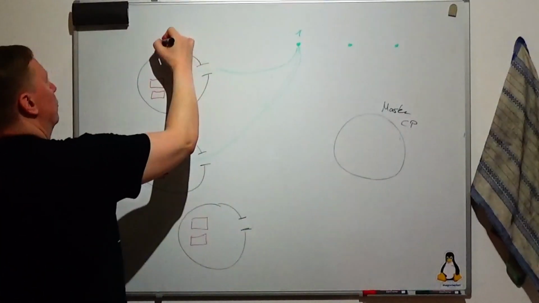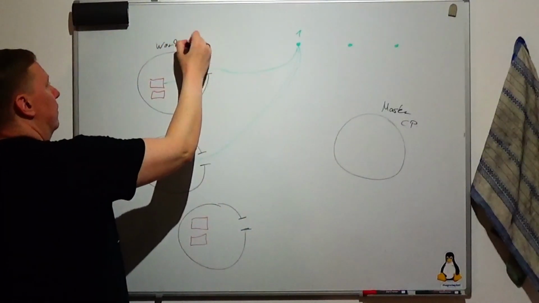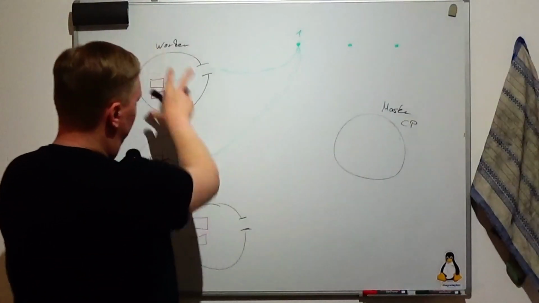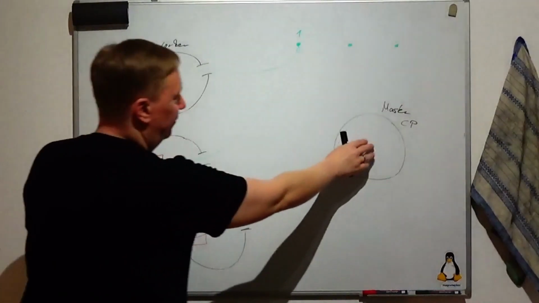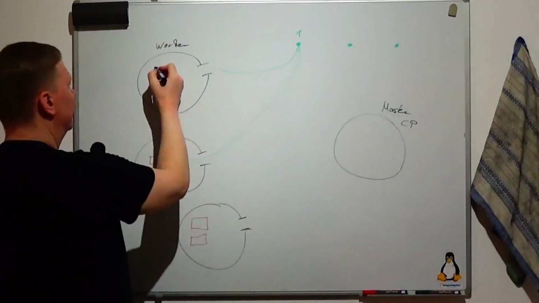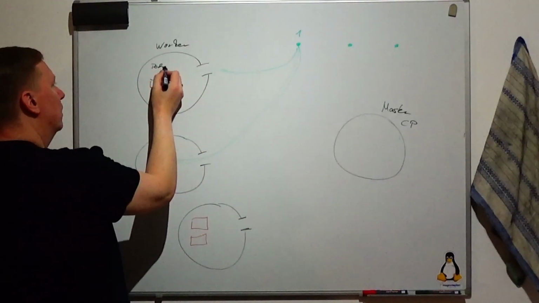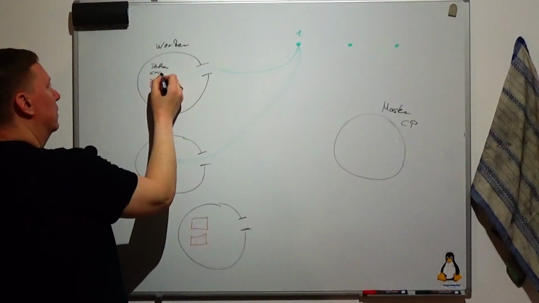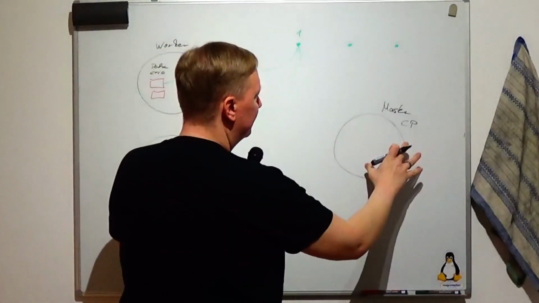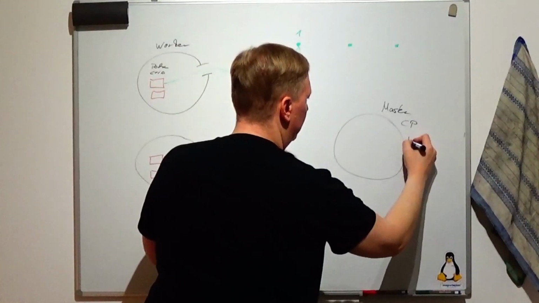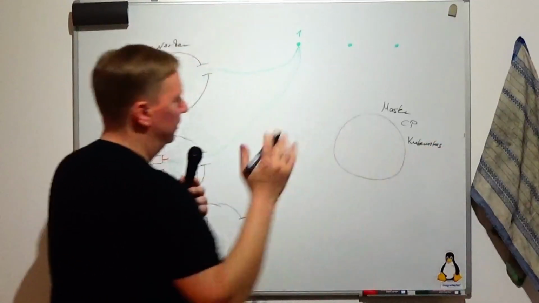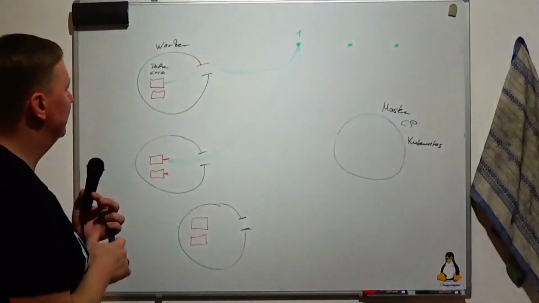These are so-called worker nodes. Okay, and now you control all this stuff that's going on here through this master node. As I said, this container engine might be Docker or CRI-O. And this master node can be Kubernetes, or there are also other solutions for that.